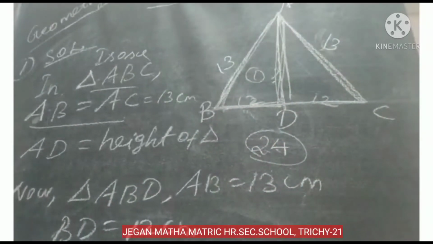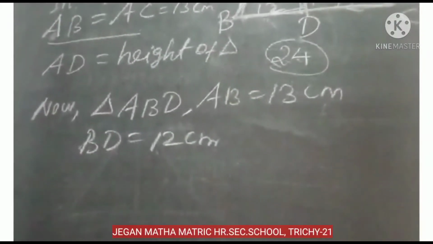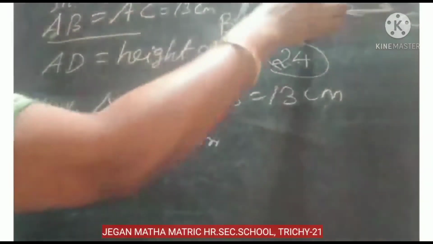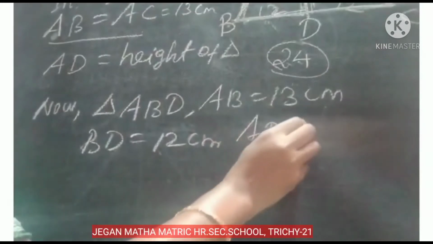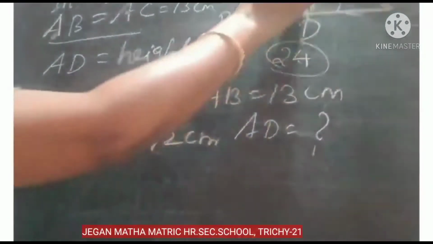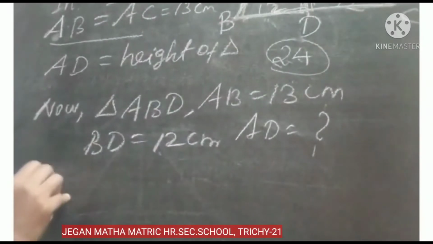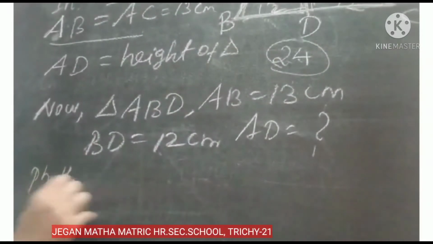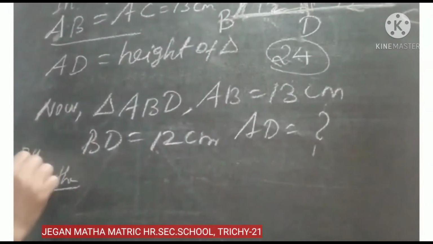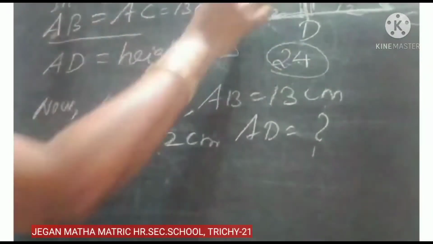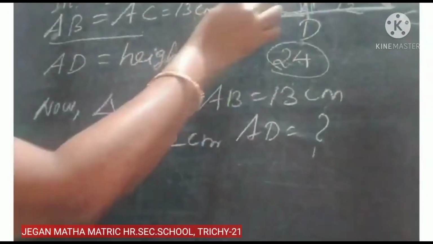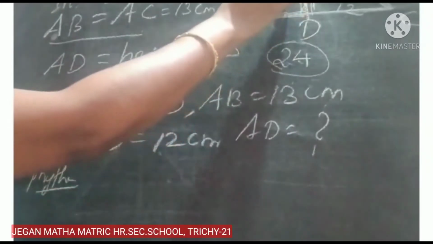Now you have to find out the value of the height, that is AD. That AD only you want to find out. Now here we can apply the Pythagoras theorem. Let us see this right angle triangle.